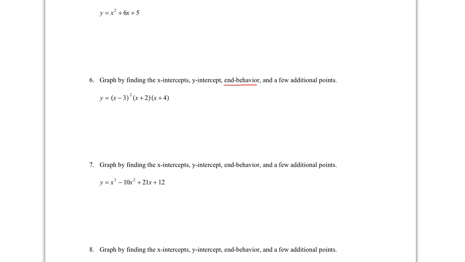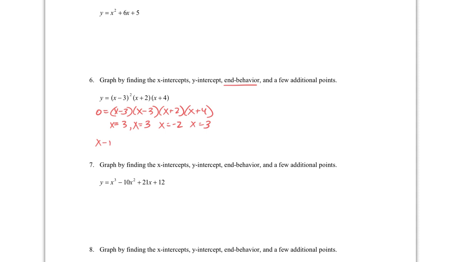Obviously, your x-intercepts are your solutions. So if you're thinking about it, I'm going to want to set it equal to 0, right? So this is (x minus 3)(x minus 3)(x plus 2)(x plus 4). So I know that my solutions are going to be x equals 3, and it's repeated. It has multiplicity. We've got x equals -2, and x equals 3.